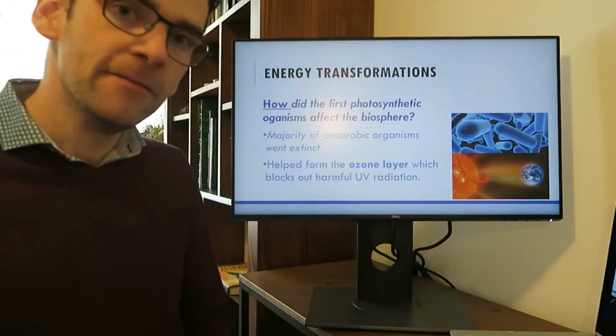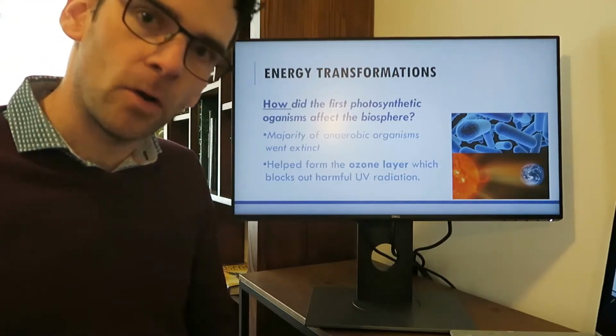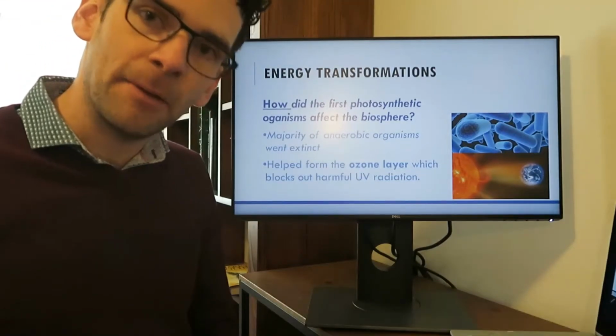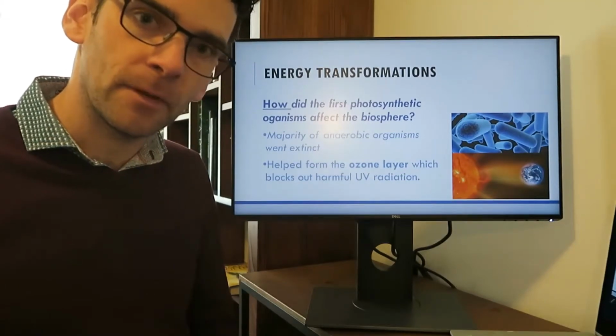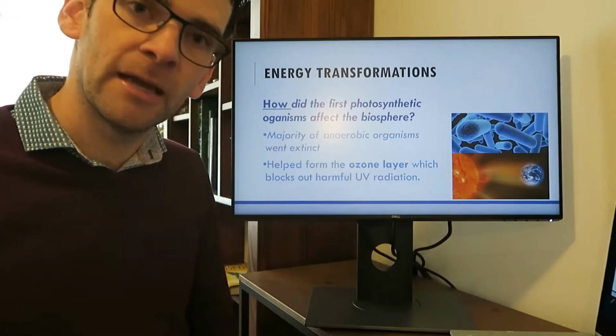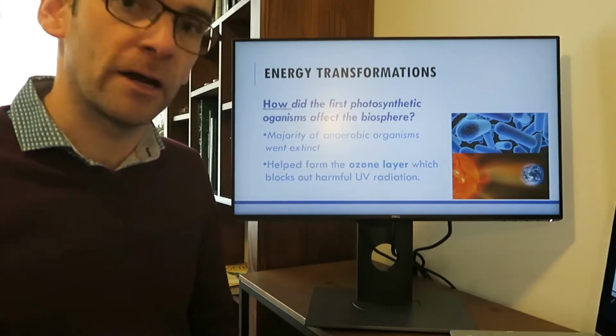So it paved the way. So these cyanobacteria and the copious amounts of oxygen they were releasing into the atmosphere paved the way for other more advanced organisms to not only evolve in the ocean, but to eventually come out on land and be protected from ultraviolet light.